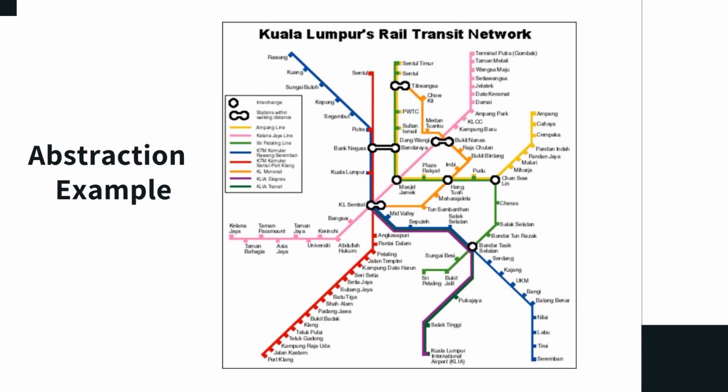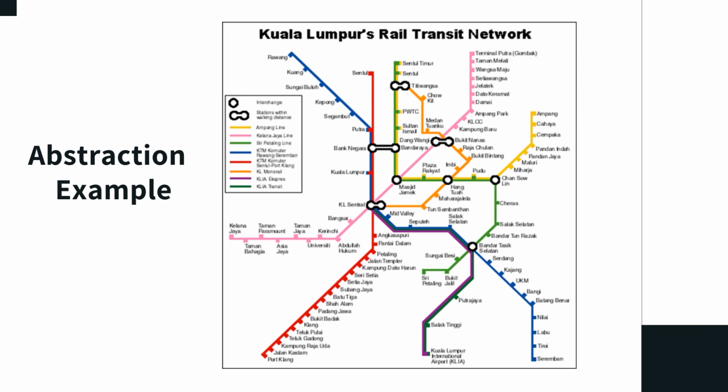One more example of abstraction is the Kuala Lumpur Rail Transit Network. We actually care about the general details. Okay, I am going to Ampang. I don't care what other stations are in Ampang or where the location is, what they sell there.